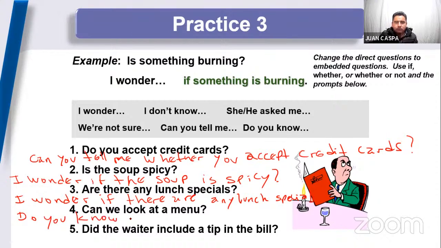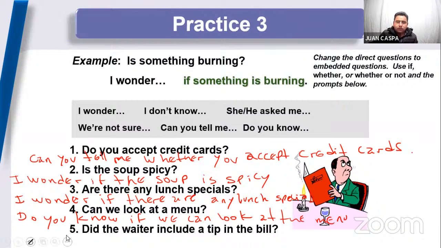Do you know if we can look at the menu? Yes. The menu. Oh no, it's not necessarily the question mark, right?